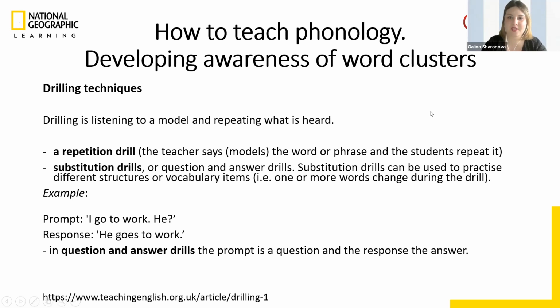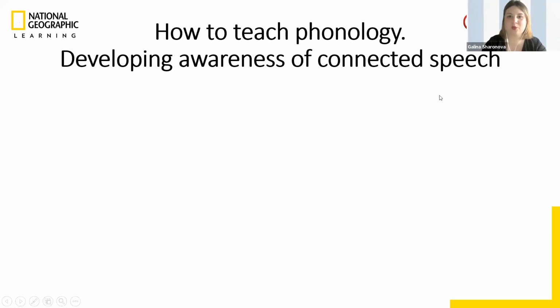Well, let's see what we can do to help our students be aware of connected speech. So the first activity, and I think that I very often mention it in my seminars and in my talks, is shadow reading. I guess that you know what shadow reading is.